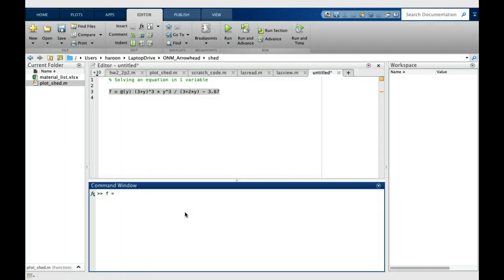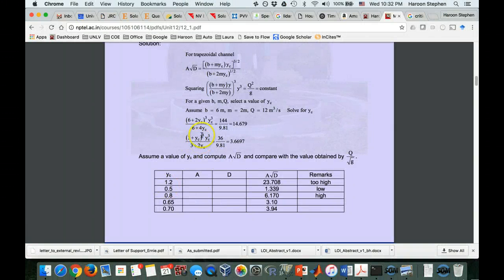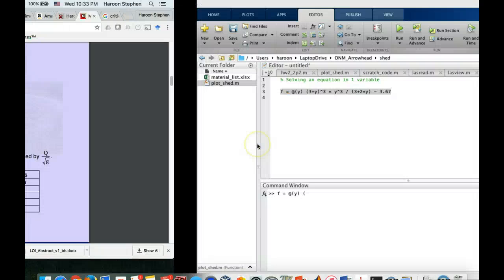F is equal to an at symbol, which basically defines the variable that we will be using in the equation, and then we write the equation. So we have (3 plus y) cubed times y cubed, over 3 plus 2y, minus 3.66, is equal to 0.